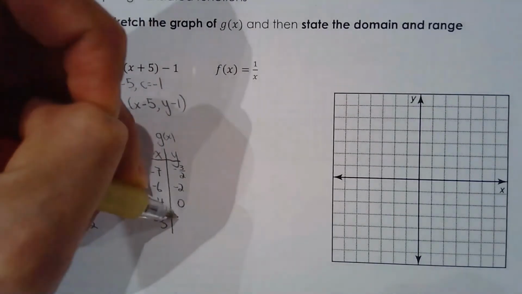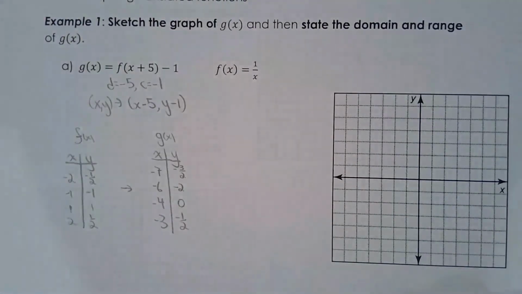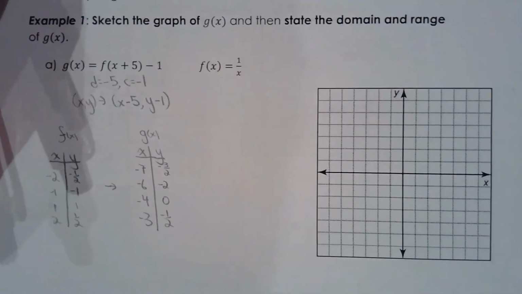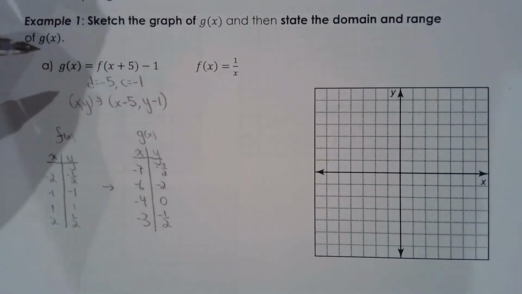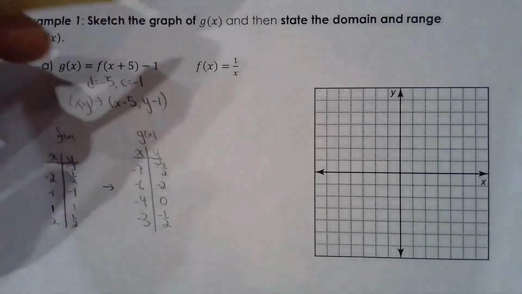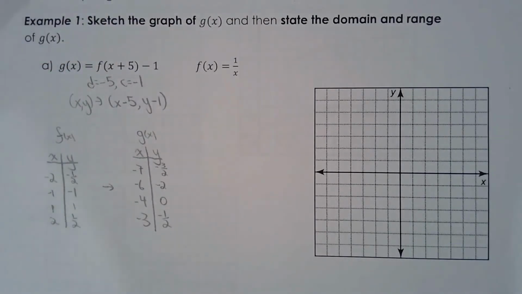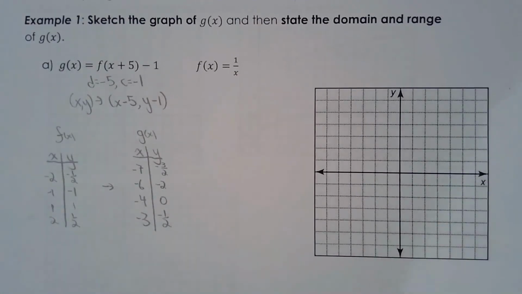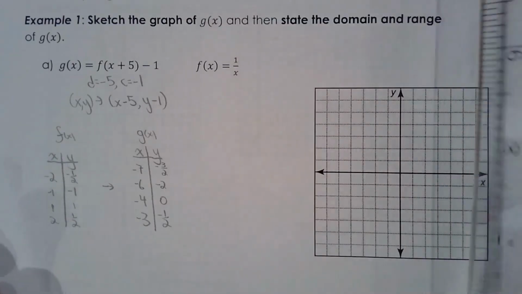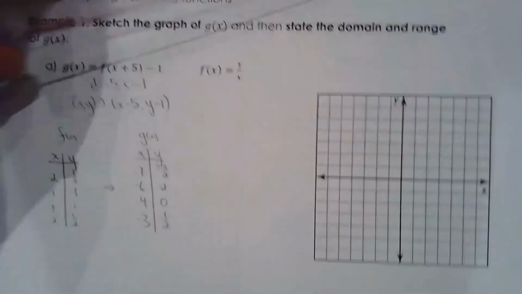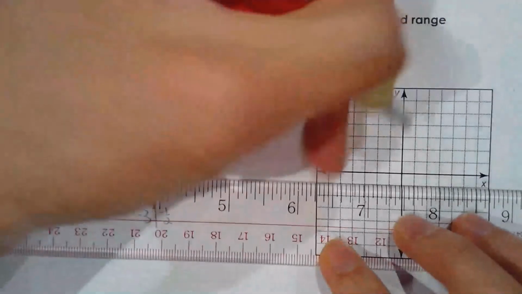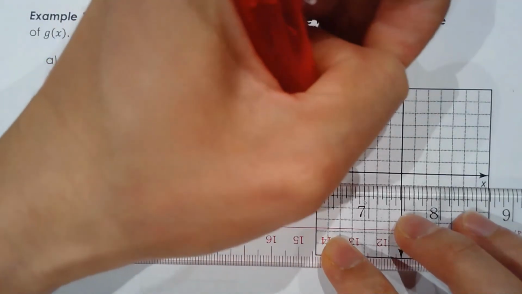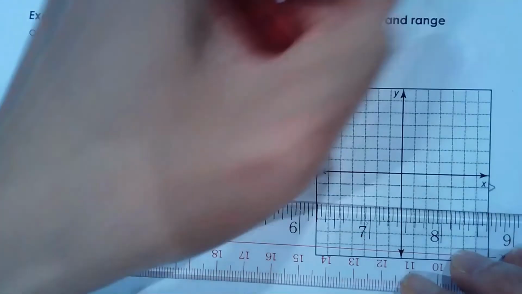Then, okay, so the first thing I'm going to do is sketch in the asymptotes because that's going to give me a nice guideline of how my graph should look. Because I'm shifting 5 to the left and 1 down, I know that my horizontal asymptote will be at y equals -1 now, right? It used to be on the x-axis, but because I shift 1 unit down, it'll be y equals -1.